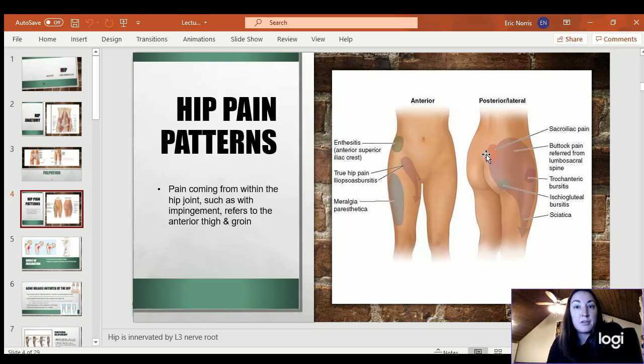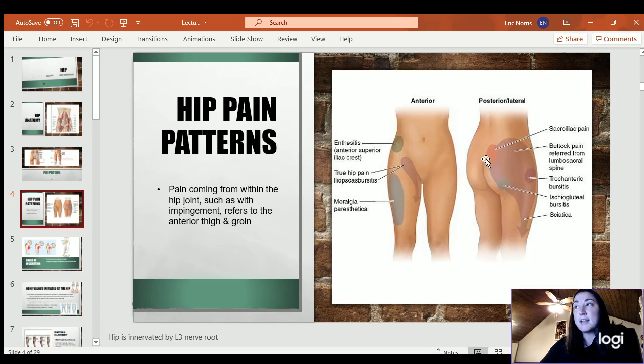And we typically have a little dimple there to show us exactly where we're at, especially in people who are smaller or more toned. And then any type of bursitis would be over a bursa itself. So we have trochanteric bursitis over the greater trochanter, or ischio-gluteal bursitis over kind of the butt bone there.